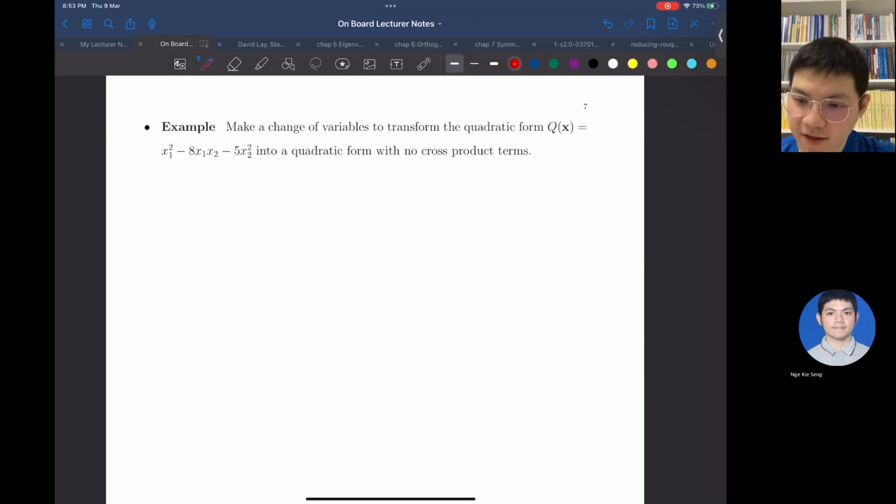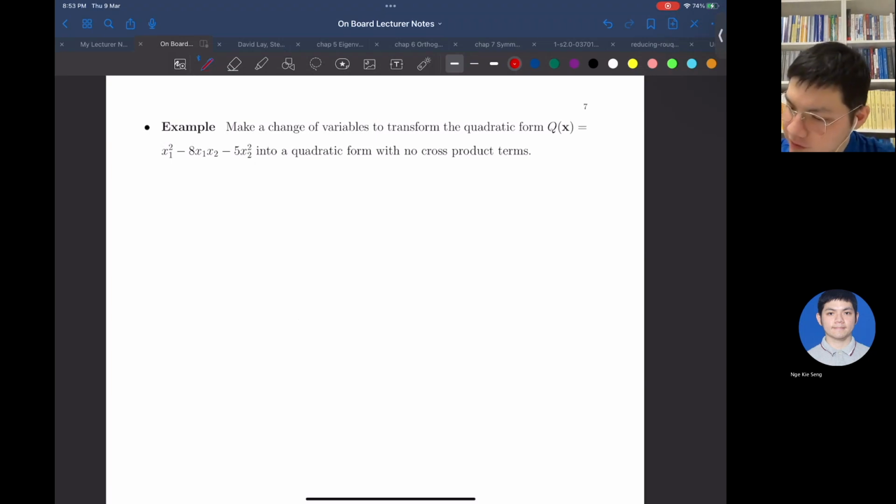Make a change of variables to transform the quadratic form Q(x) equals x1 squared minus 8 times x1 times x2 minus 5 times x2 squared into a quadratic form with no cross product terms.